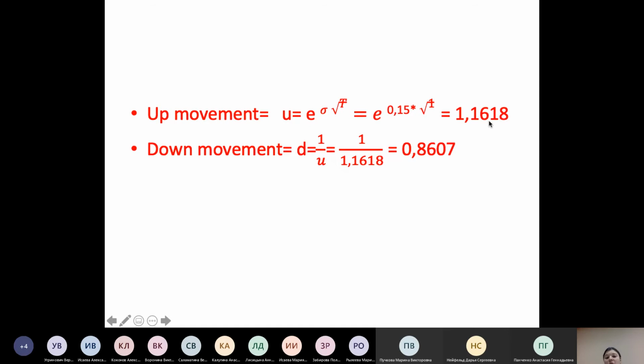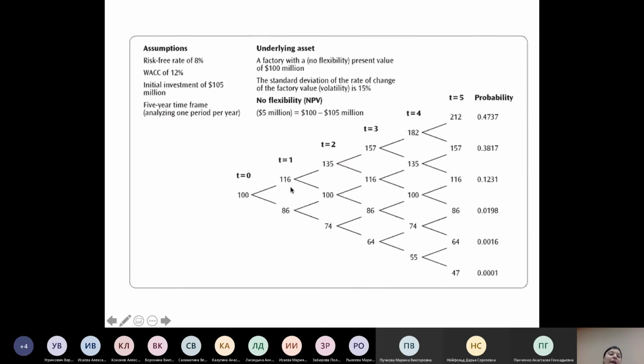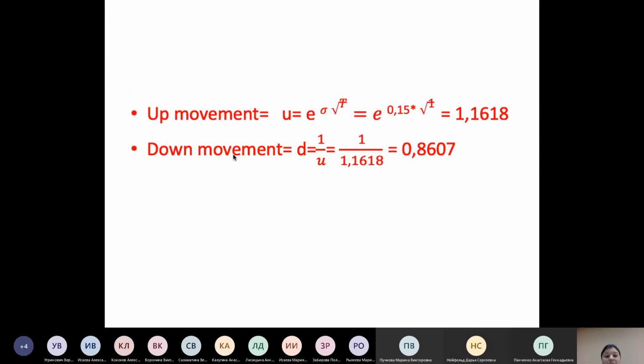In other words, we can apply our 1.16 to our expected cash inflows, and we'll receive our changes in the first year and the second, and so on. As for our down movement coefficient, it can be calculated as 1 divided by the up movement coefficient, or 1 divided by 1.1618.